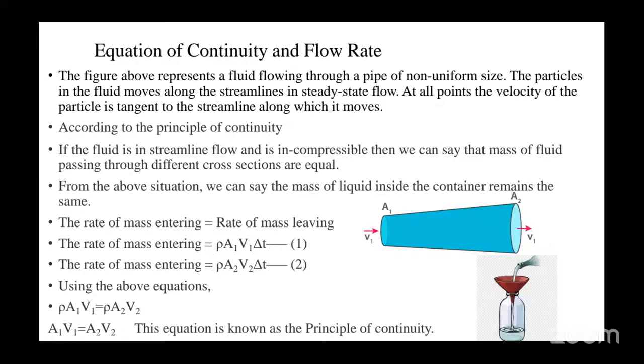Sorry that the v1 there is showing as a capital V. It's supposed to be a small letter v, because our mass is density times volume. So our volume is divided into area and, let's say, the length of the pipe.